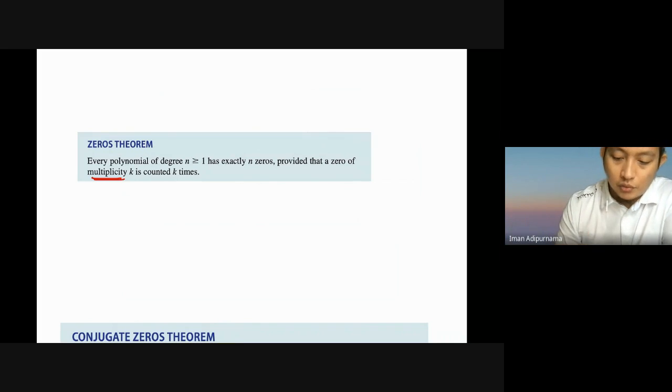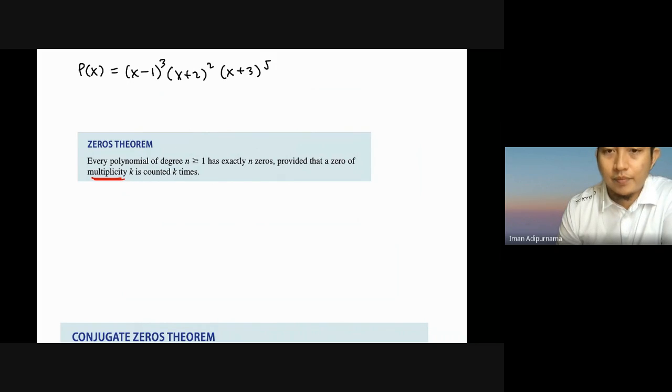If I have p of x equals x minus 1 with power of 3, and then x plus 2 with power of 2, and x plus 3 with power of 5, this means the zeros are 1, negative 2, and negative 3. 1 has multiplicity of 3, this has m is 2, this has m is 5.